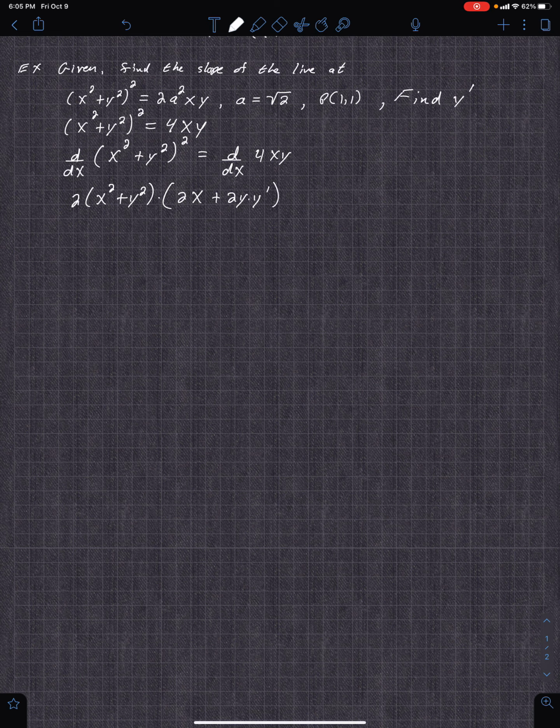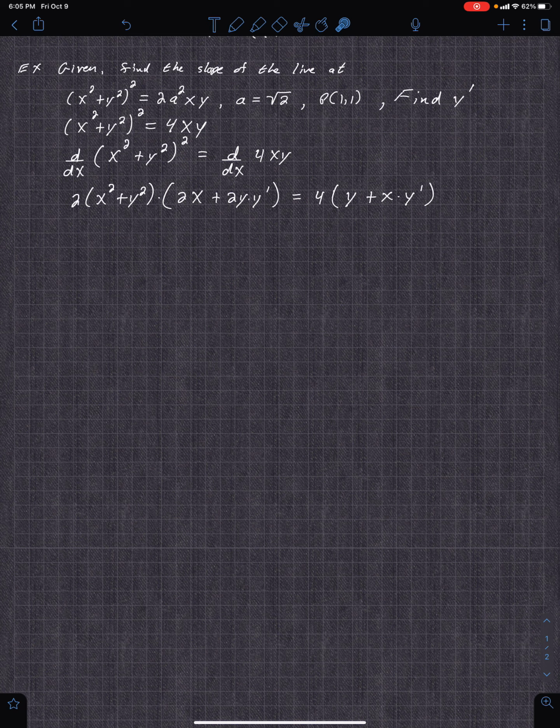And then that's equal to 4 times, and that requires the product rule as well. It's the same as the other one we just did: derivative of the first times the second, plus the first times the derivative of the second, and then y prime. So now we need to get y prime on both sides.